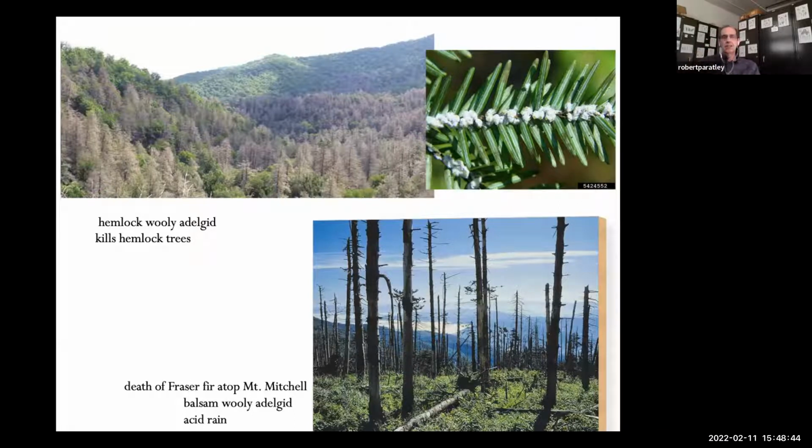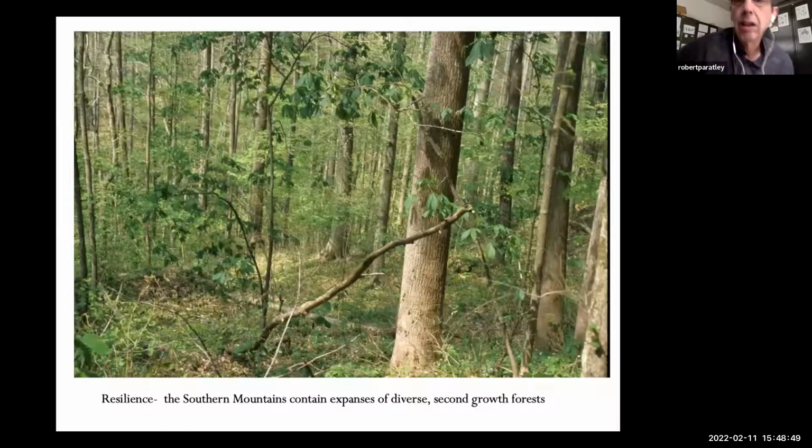This is the second to last slide, but I want to end on an uplifting note. Here's a picture I took in a nature preserve in Madison County, actually. It's called Anglin Falls. What we find in Anglin Falls and many places is a beautiful, diverse second growth forest that had been cut. What's the punchline here?